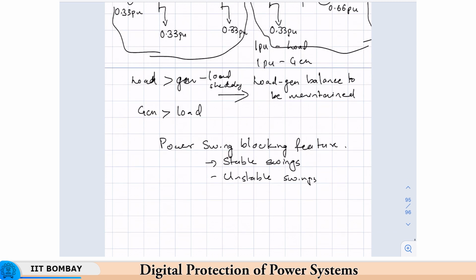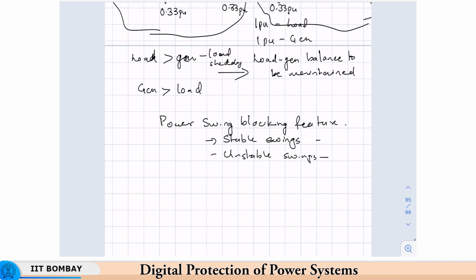Then, though the system could have recovered, you have tripped the line, and this will make the situation worse. In an unstable swing, you may not have load generation unbalance. So, tripping on unstable swings is bad, tripping on stable swings is worse, because where the system could have recovered, you have made it into probably an unrecoverable situation. And because the load generation balance could not be maintained, the islands also have to be seen.